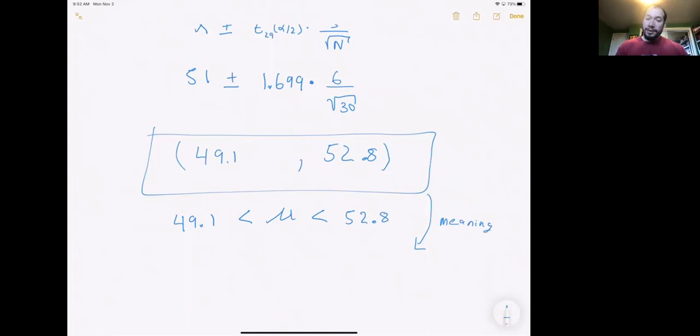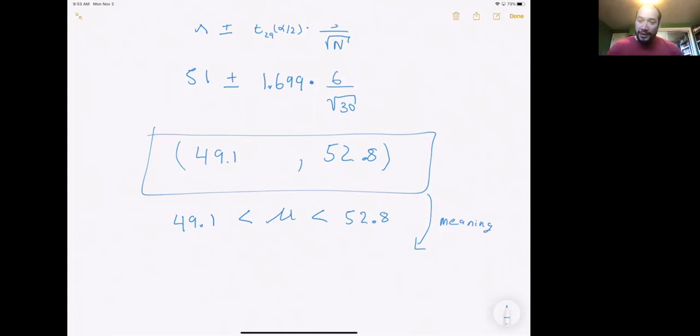The population mean is not random. It is a fixed but unknown number. What is random is the sample mean and sample standard deviation, which dictate the length of the interval.